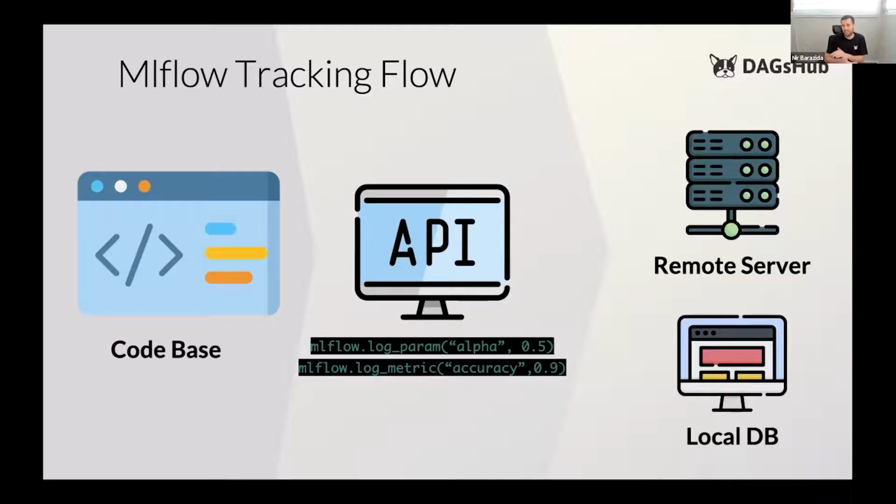How powerful is that? You don't need to do anything, and you have everything saved in some magical database. Now you can see the information of the experiment either in your local database on your machine, or log it to a remote tracking server and have it accessible to all of your team members.